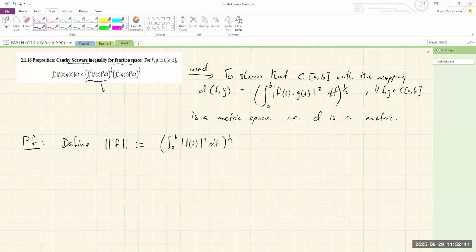Like I said, you can show that this thing here is a norm. That's a hint about why they use this symbol with the two vertical lines, because it turns out to be a norm.